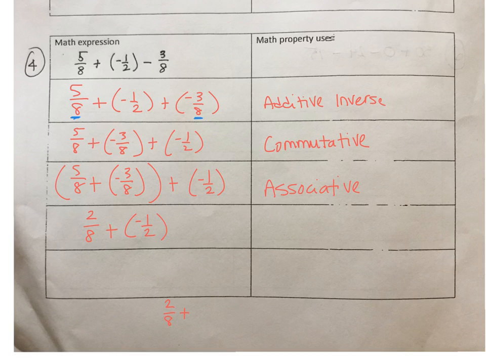But we are going to take 1/2 and turn it into a fraction that has 8 as the denominator. 2 goes into 8 4 times. 4 times 1 is 4. So now we have to take 2/8 minus 4/8. Well, that's technically negative 2/8. And simplify that, and you get negative 1/4. Okay, good job.